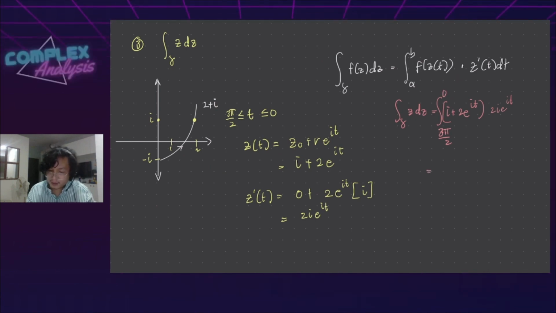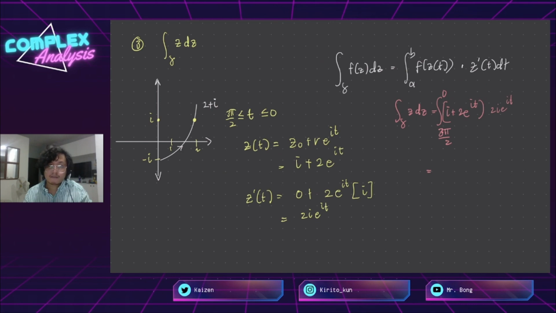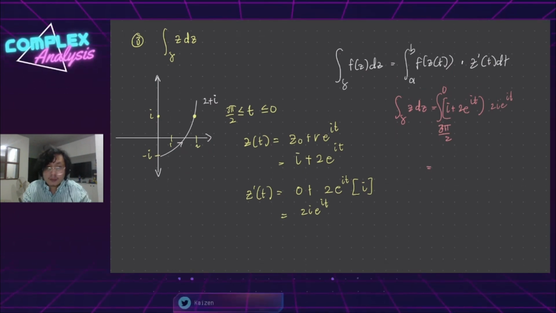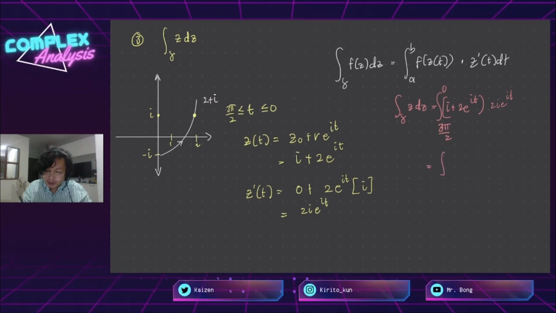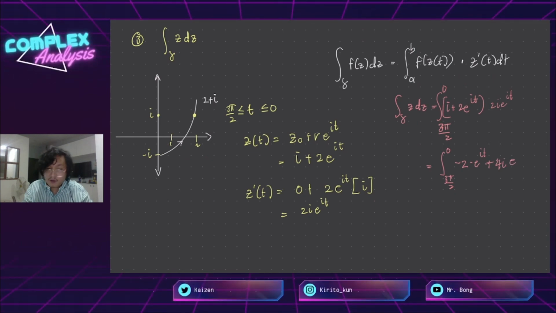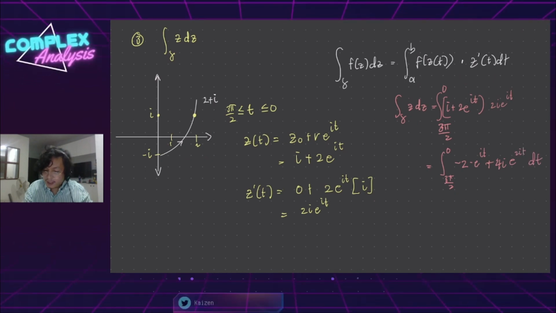Okay, so we will have the integral from 3 pi over 2 to 0 of negative 2 times e to the power of it, we just distribute, plus 4i e to the power of 2it. Then don't forget to write the dt.